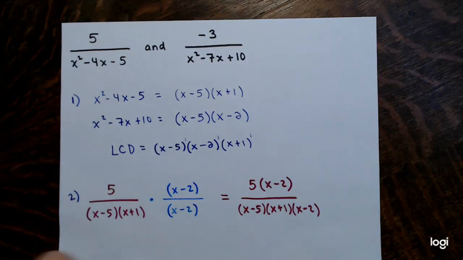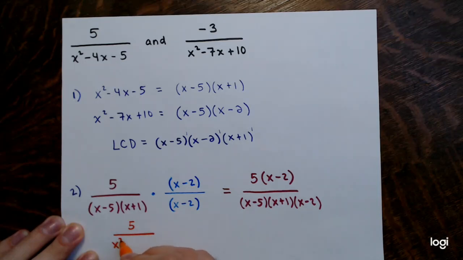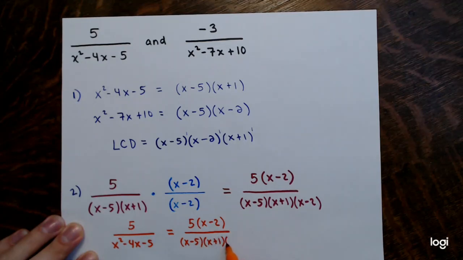Okay, great. So my equivalence statement here. My original fraction was this. That fraction is equal to 5 times x minus 2 divided by x minus 5 times x plus 1 times x minus 2.